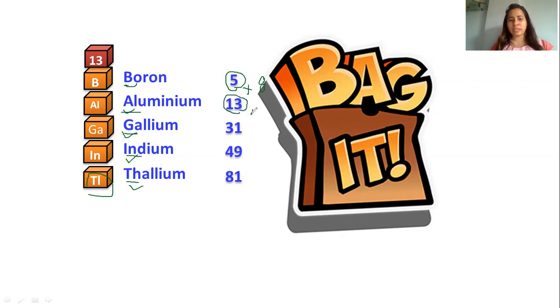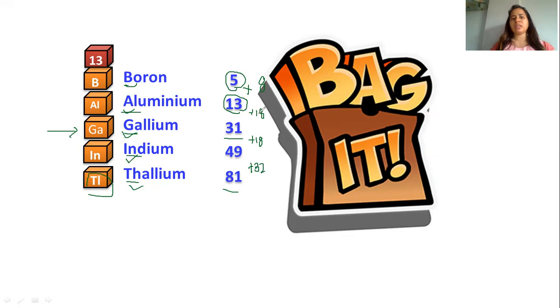Now next, 13 plus 18, because from gallium the d-block elements start. So 13 plus 18 is 31. Again we add 18: 31 plus 18 is 49, and 49 plus 32 is 81.